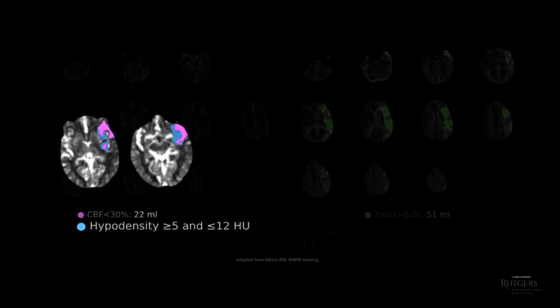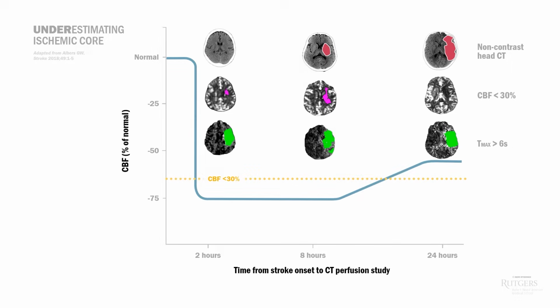Here, an area in blue is a hypodensity threshold of 5 to 12 Hounsfield units, which is typical of acute infarcts. Some people even advocate relying on the gold standard MRI instead of the non-contrast head CT or CT perfusion, the closer you get to the extreme of that 24-hour window. The other practical point is that CT perfusion maps are very time-dependent.